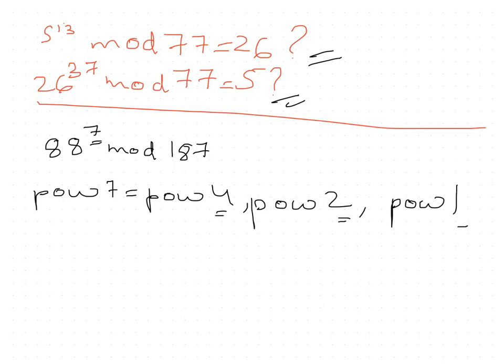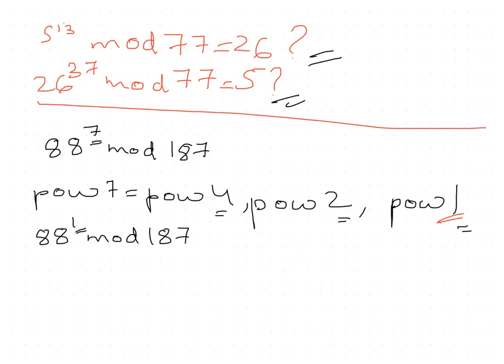You may break it into different units as well. Once I break this power, I'm going to write 88 to the power 1 mod 187. Why did I write the power of 1 over here? 88 to the power 1 comes from this particular one.